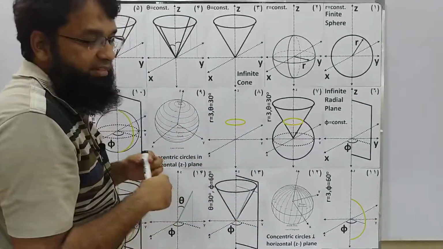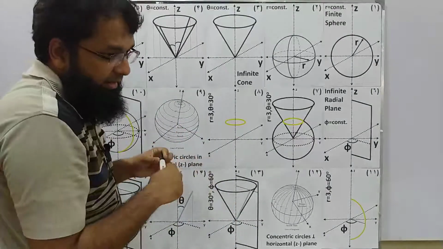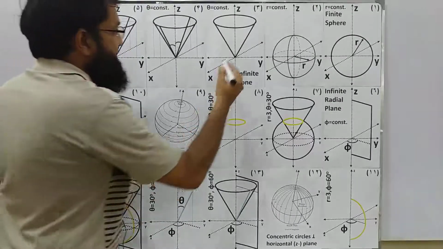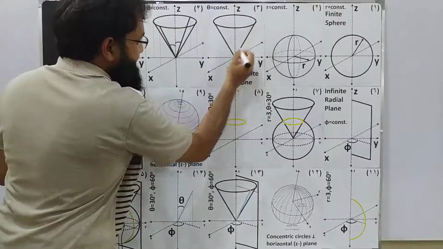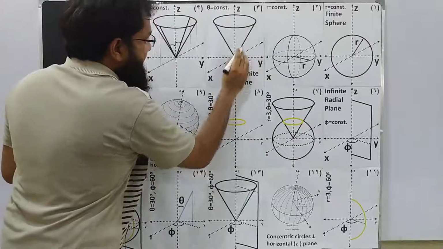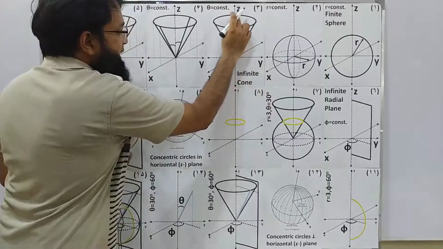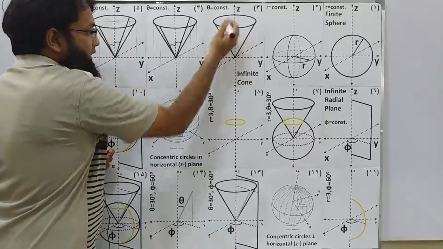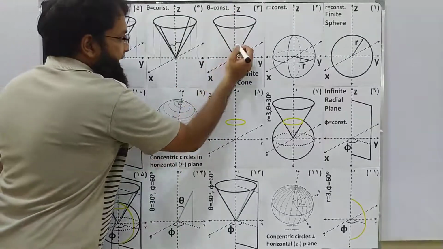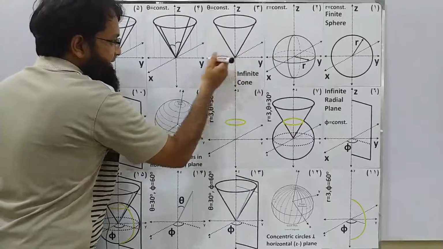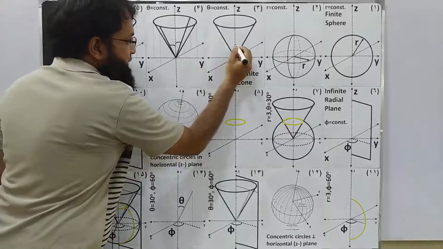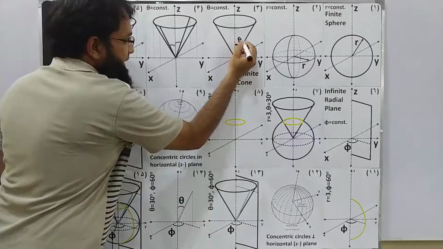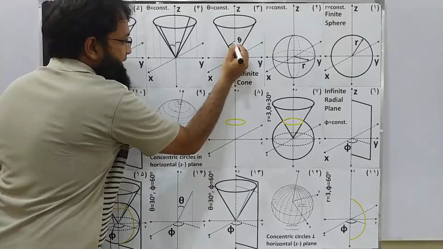So we said that there are several lines which are making the same angle with respect to the Z axis. For instance, if this line is on the YZ plane and this line is also on the YZ plane, where this is minus y, then this angle is theta and this angle is also theta.